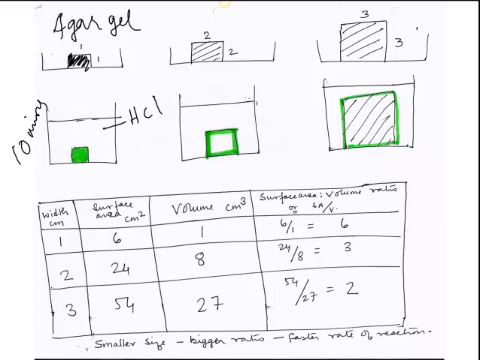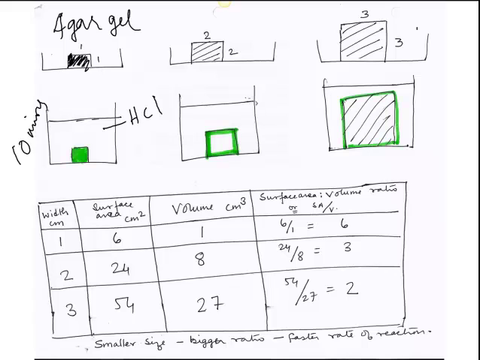Whereas after 10 minutes, only a small amount of it has diffused into the 2 centimeter by 2 centimeter cube. And an even smaller amount has entered the 3 centimeter by 3 centimeter cube. Why? Because the rate at which diffusion occurs is faster when there is a larger surface area to volume ratio.